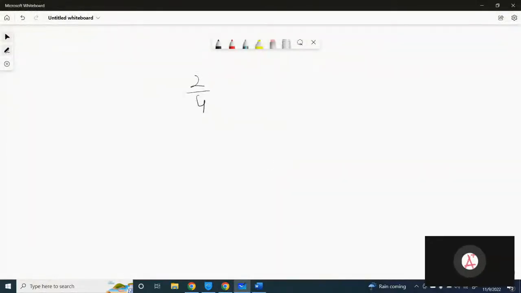Which is the highest number that can divide both numerator and denominator? That would be 2. 2 is the common number that can divide both. So 2 times 1 is 2 and 2 times 2 is 4. That means, very good, the lowest form of 2 by 4 is 1 over 2. Got it?